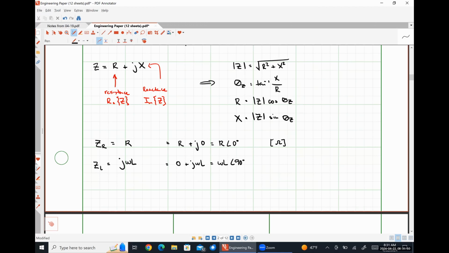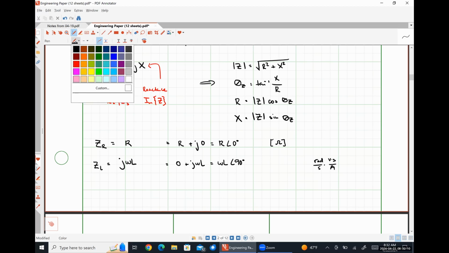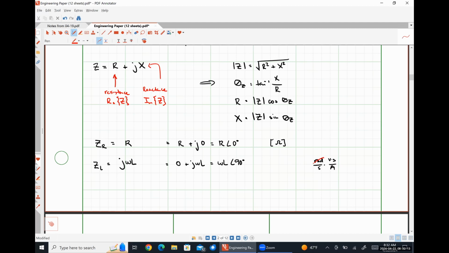If we look at the units here, we have omega, which is measured in radians per second, where a radian is a dimensionless quantity, and then inductance is measured in henries, where a henry is a volt second per ampere. So radians effectively go away because they don't mean anything. Seconds get canceled by seconds, and we have volts per amp, which is just a fancy word for ohm. So quite obviously, the units of impedance for inductors are also ohms.